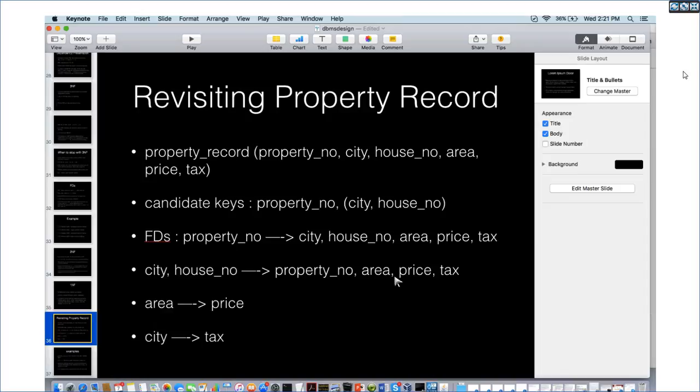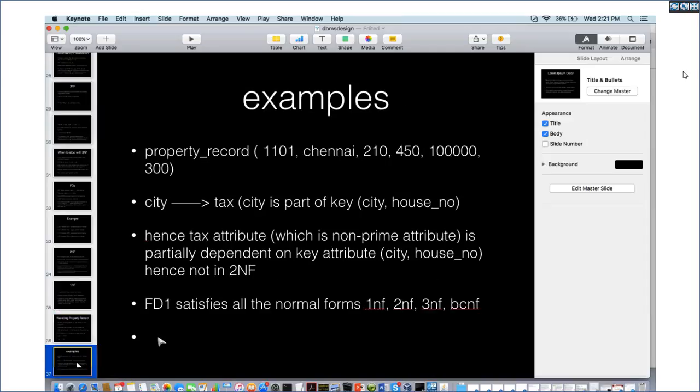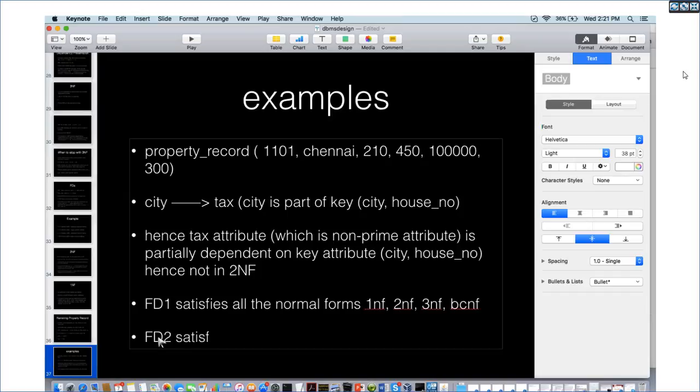Since the left side is a super key, 3NF is satisfied, and BCNF is also satisfied. So FD2 satisfies all the normal forms: 1NF, 2NF, 3NF, and BCNF.